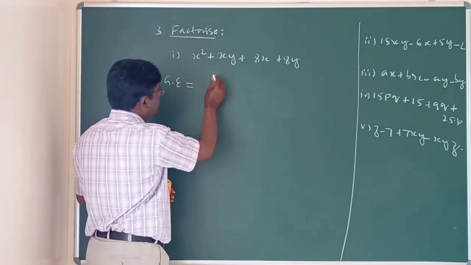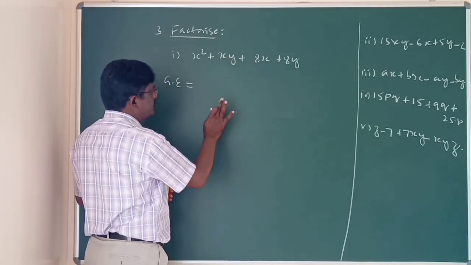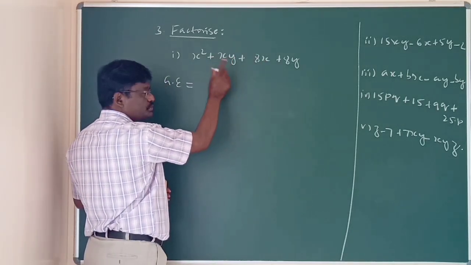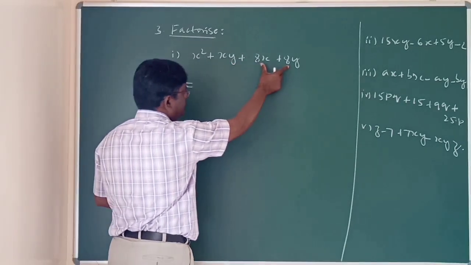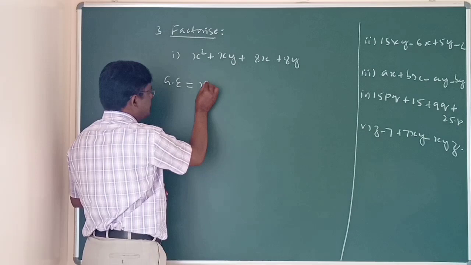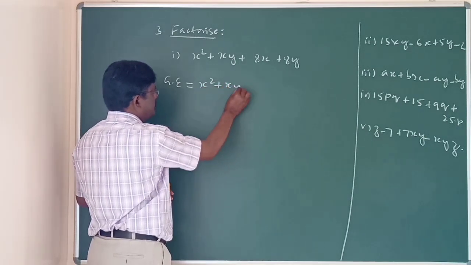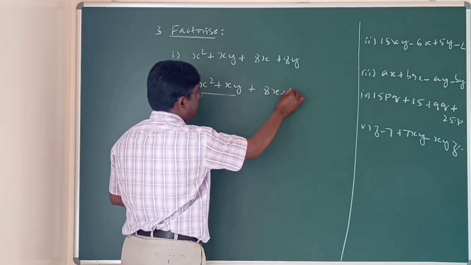Before grouping, first check whether there is a common factor in both the groups. If you take x out, inside we will have x plus y. Here 8 is common, inside we will have x plus y. Hence now we can group these two together in one group and 8x plus 8y.